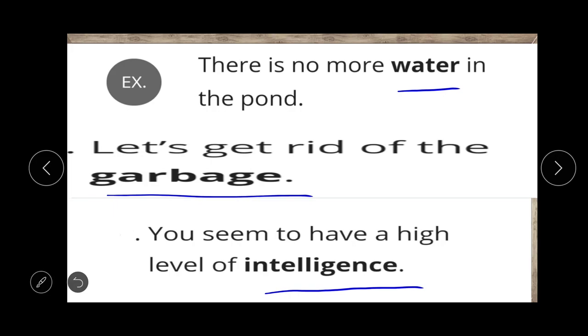But you can never count them. You can say the quantity like a liter of water, but you can never count them in numbers, 1, 2, like this. But earlier the nouns umbrella and books, you can count them in numbers like 1, 2, 3, but you can never count these nouns which are included in these three sentences in terms of number. That's why they are called uncountable nouns.